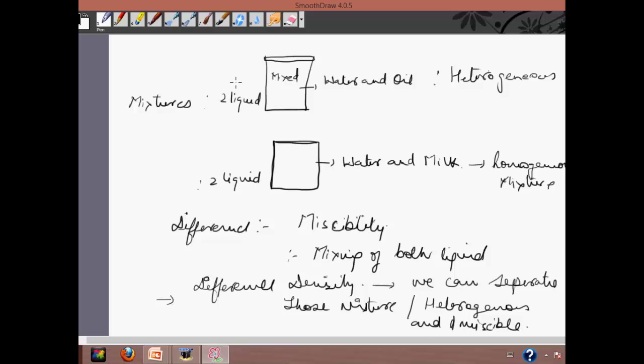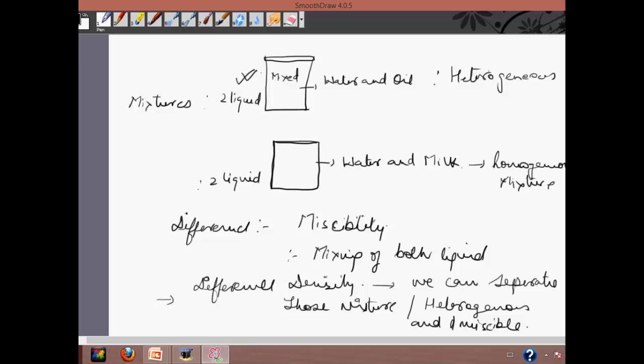Here water and oil are immiscible. They are not mixing totally, and the density of the two liquids, water and oil, is different. So we can separate them by the separating funnel method.